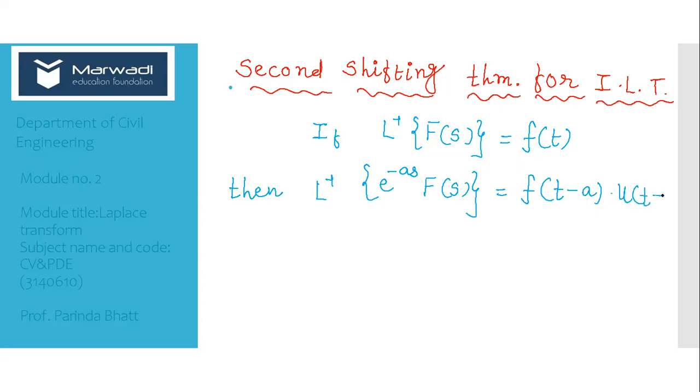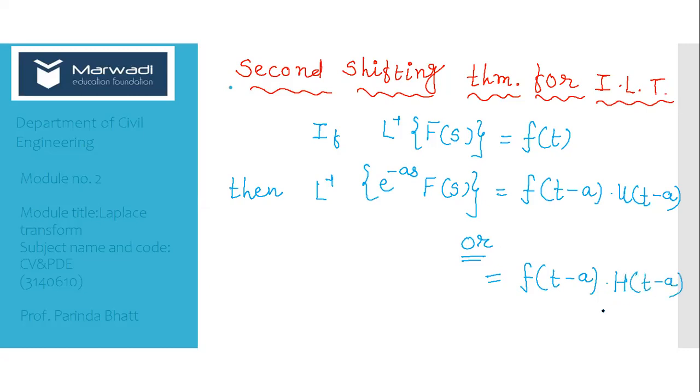If you remember, in the Laplace transform, when we learned the second shifting theorem, we defined the unit step function also, and another name of the unit step function is Heaviside unit step function. That's why we can also write it as f(t minus a) into H(t minus a).